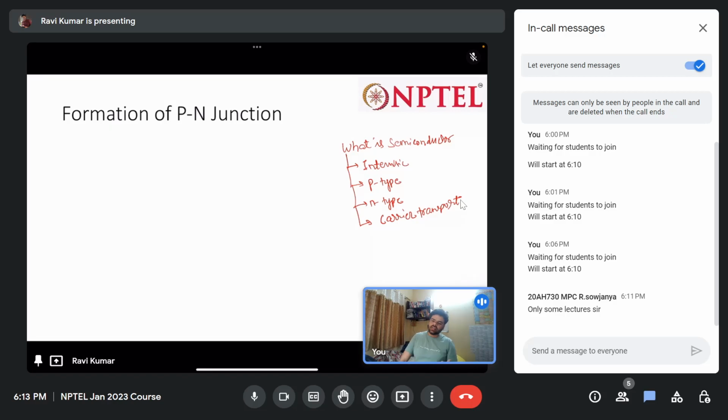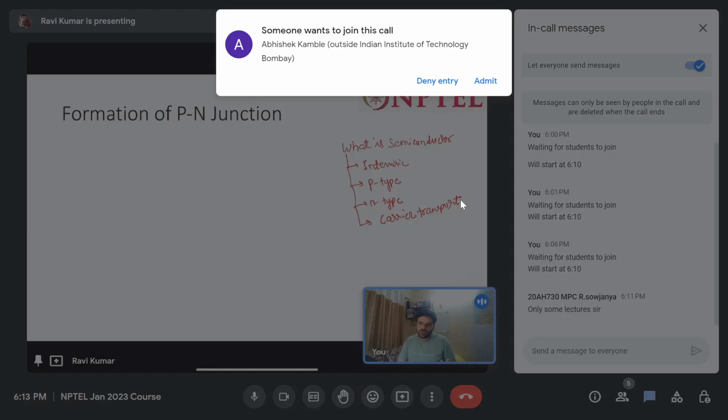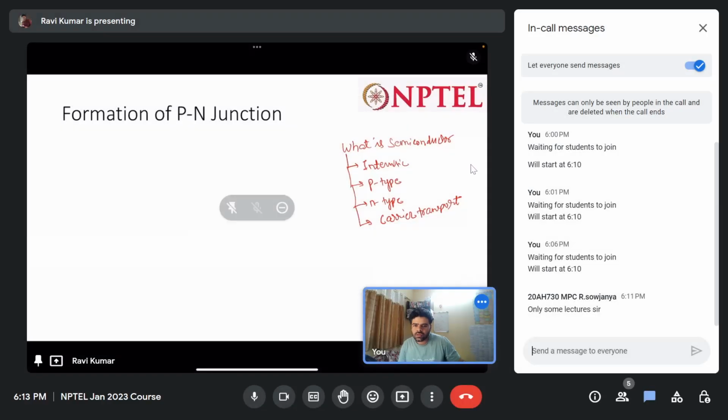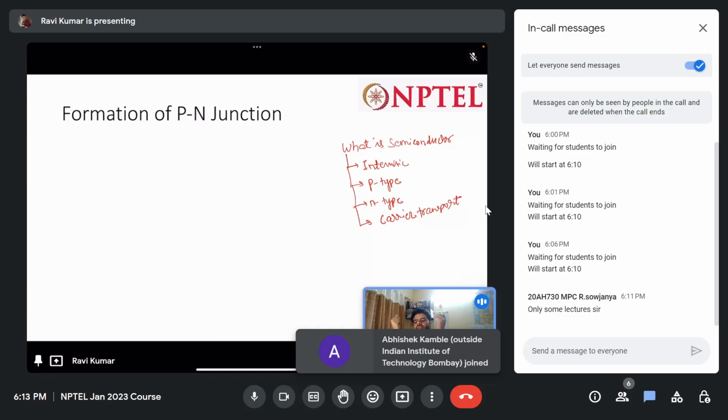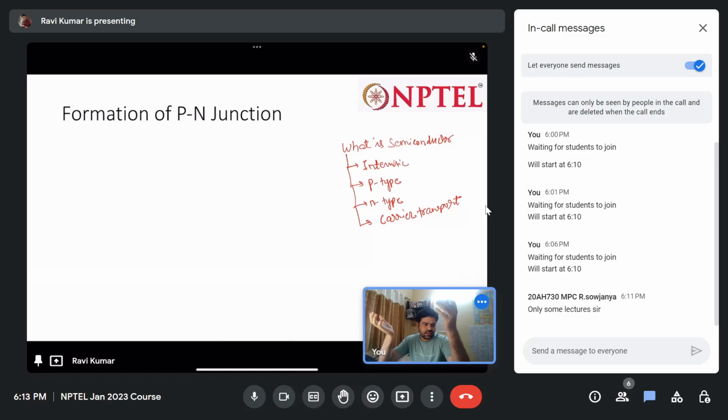Before starting this, I just want to know what you think. If we have a p-type semiconductor and an n-type semiconductor, how do we make a PN junction? Let me take an example. Let me know if it is true or not.